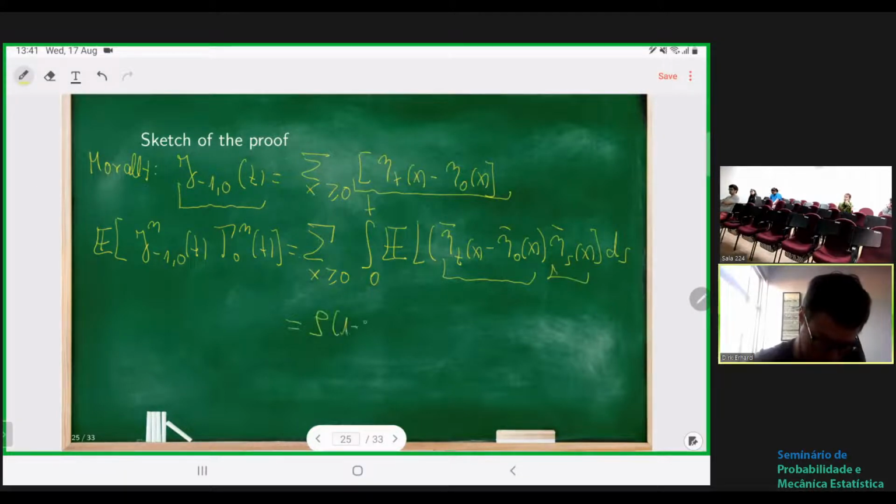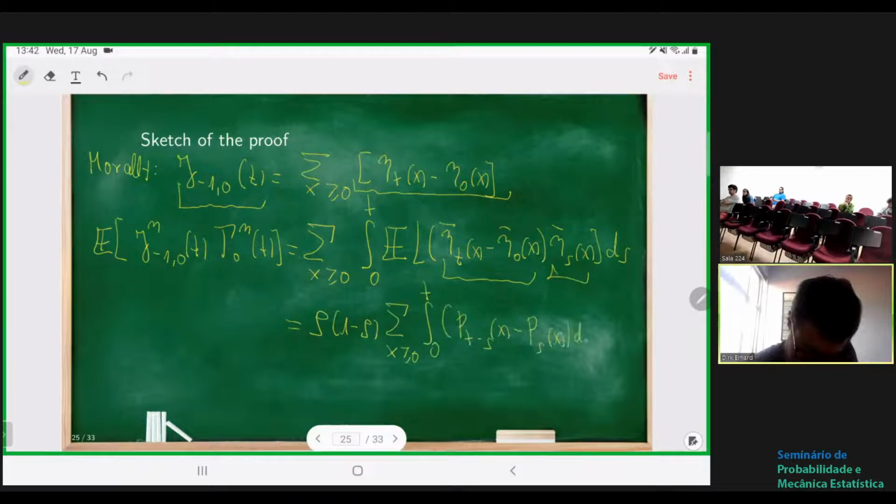This is rho times 1 minus rho, the sum over x non-negative, integral from 0 to t, of p t minus s of x minus p s of x, ds. And now you can do a change of variable argument to show that this sum is actually 0 for any x. So these two things are uncorrelated. Since they converge to something Gaussian, they will be independent.